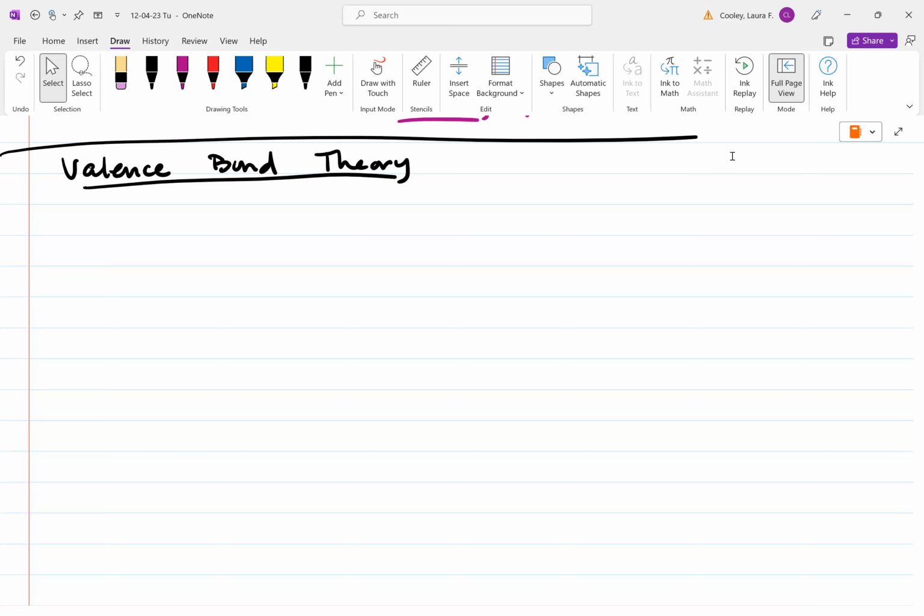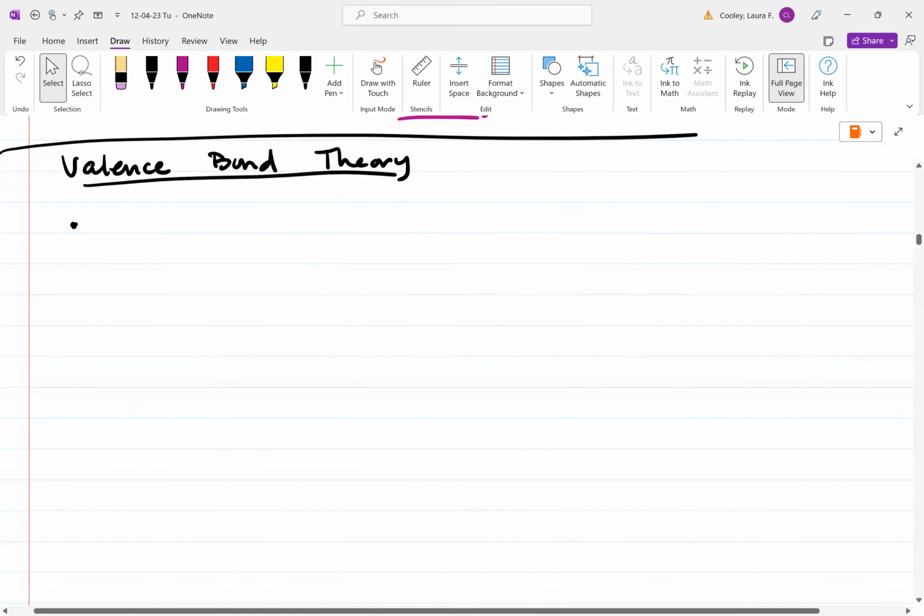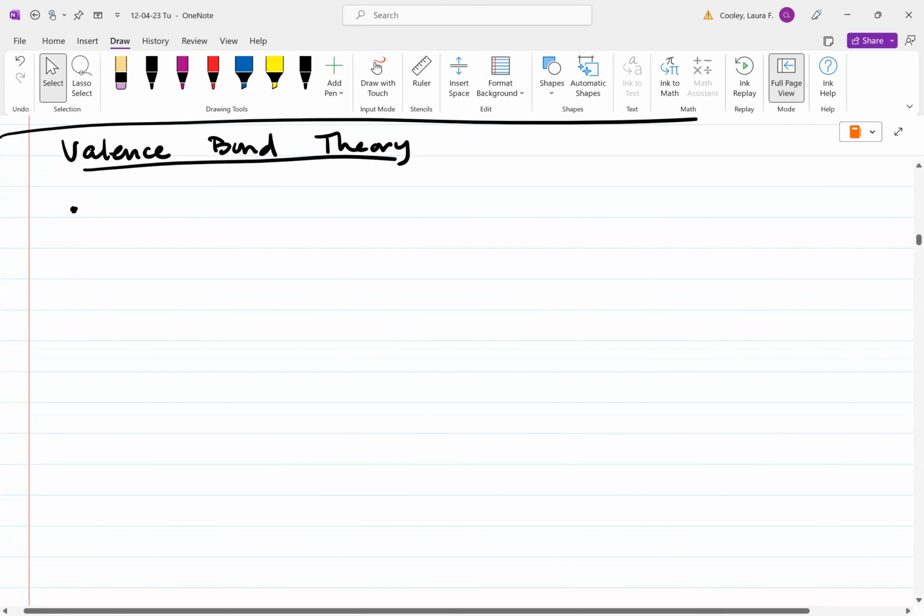So what it does is it considers bonding to be between two atoms at a time. And you have a handout on this, the handout I gave out today.